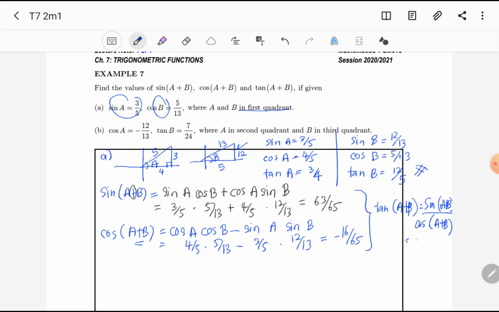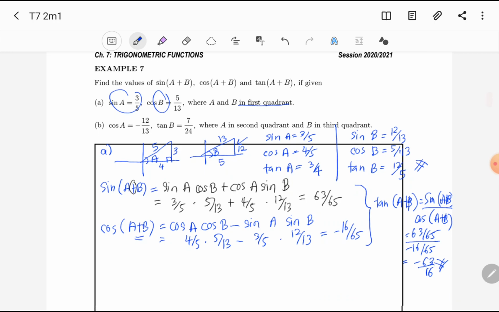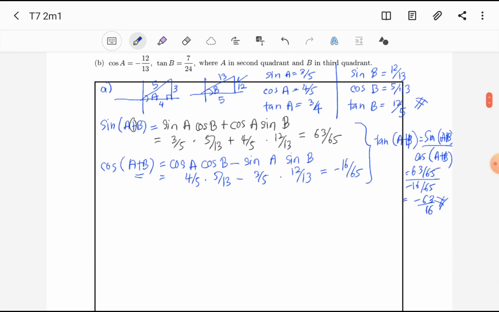Kita tekanlah kalkulator. 63 over 65 over negative 16 over 65. So, negative 63 over 16. Okay, dah siap part A. Okay, next, we go to part B.